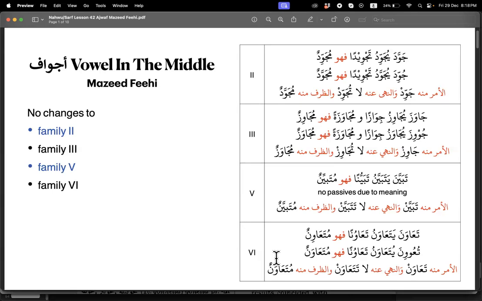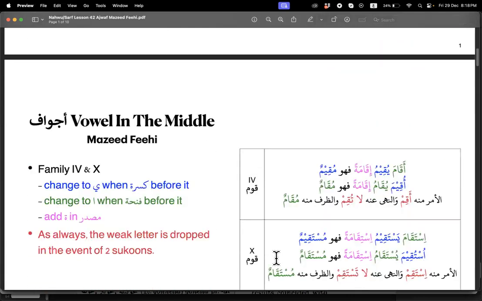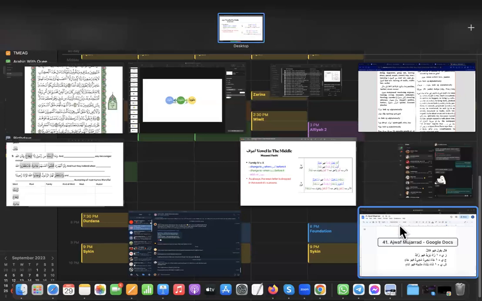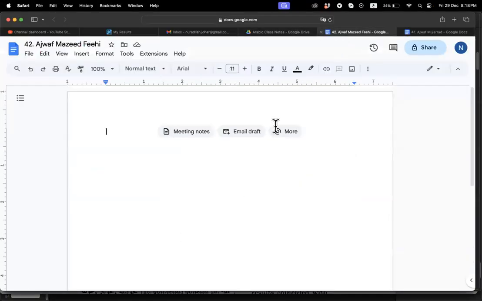The ones that have changes, which we have a lot of in the Quran, are family 4 and family 10.